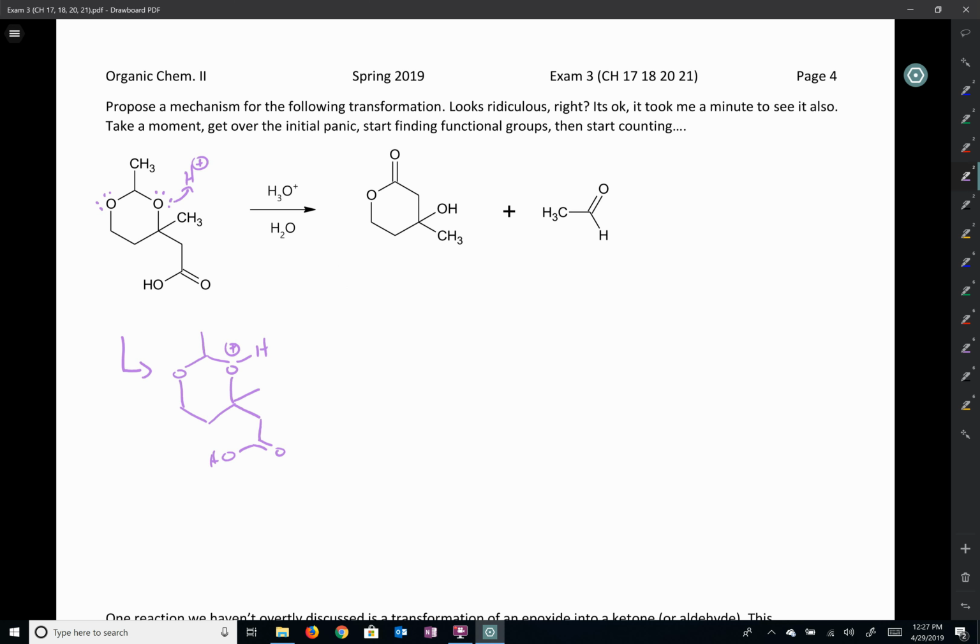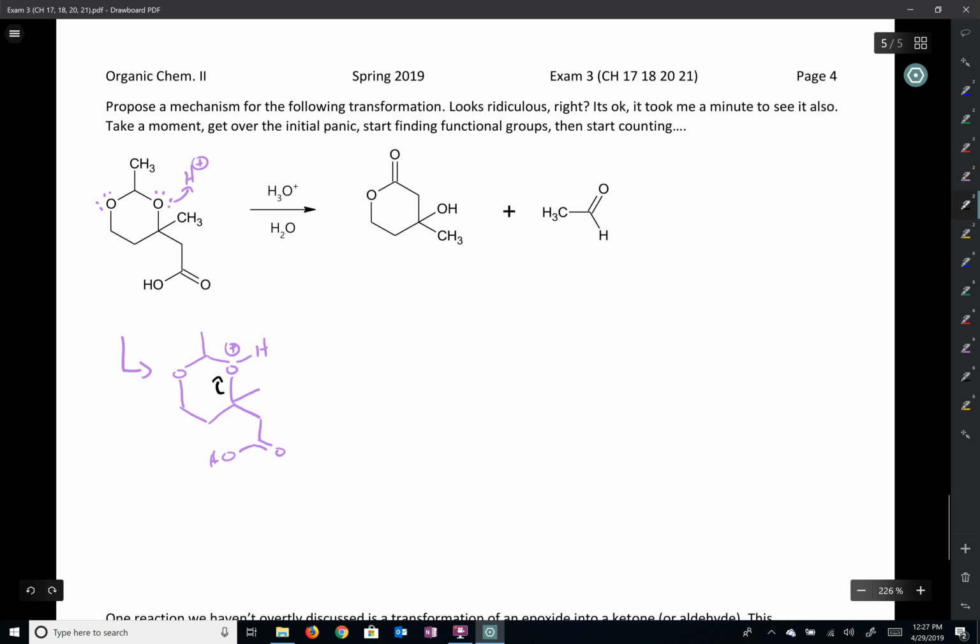So what does this mean? Now we made a better leaving group. So what can we do? Well, there's a couple different ways you could approach this. We could break off a couple of different things here.